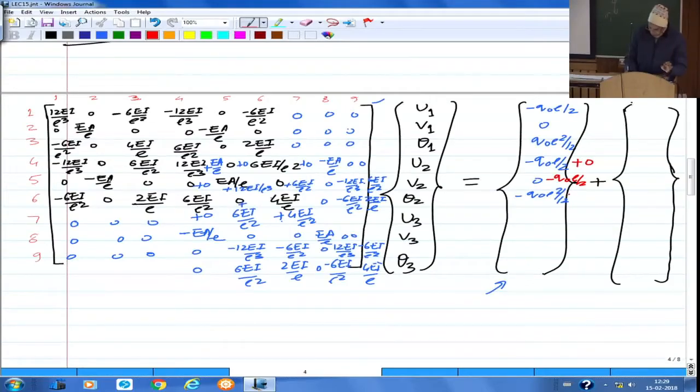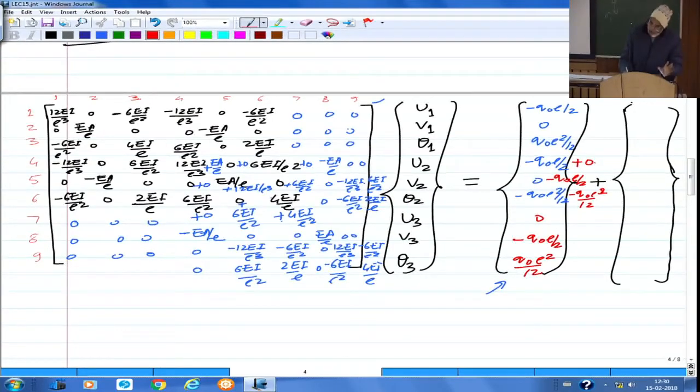If you look at here, because load is negative, so it becomes minus Q naught L square by 12. Then this is 0, and again this is minus Q naught into L by 2, and that becomes minus minus plus Q naught L square by 12, because for the second element Q naught is in the negative y direction, so I am putting a minus sign here. As you see, in the axial direction there is no force, so this is 0.